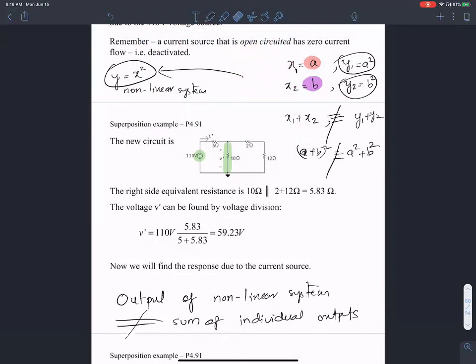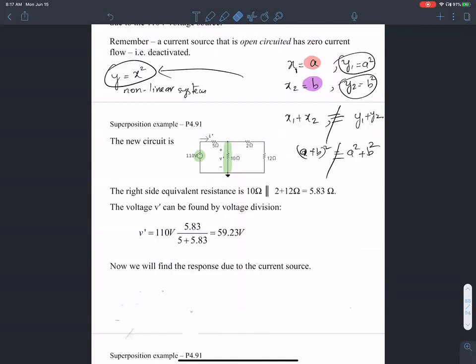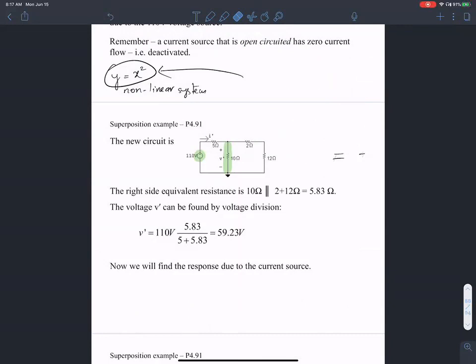Okay, but we don't have to worry about that. We are not doing non-linear systems. Even when we talk about non-linear systems, we somehow linearize them by keeping the input small. But the idea is this: in linear systems, when we add the inputs, the responses of the outputs also add.